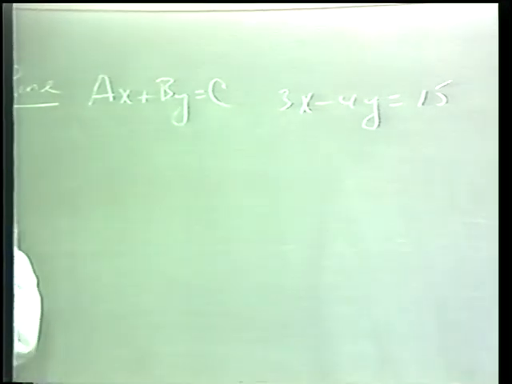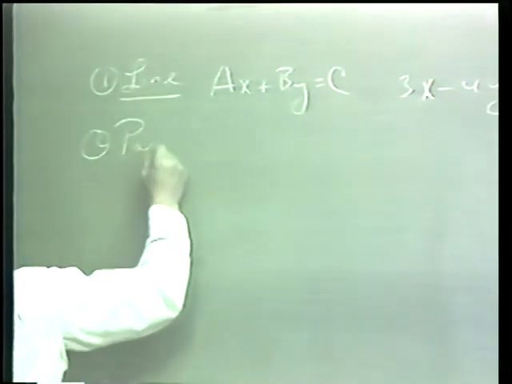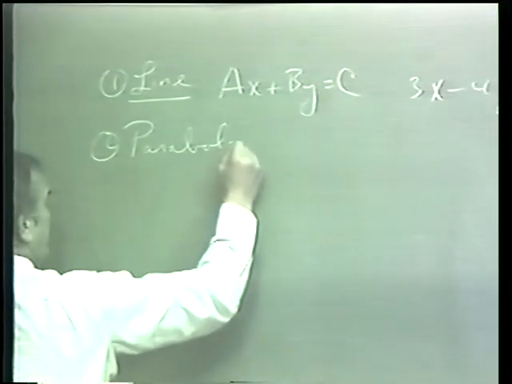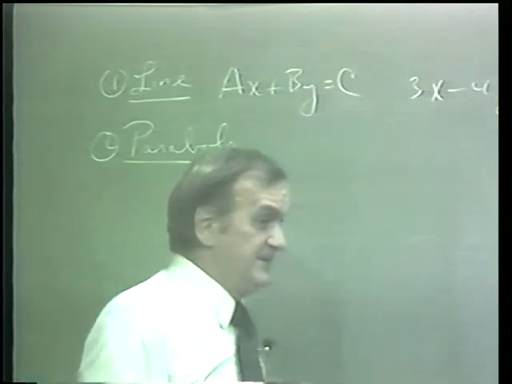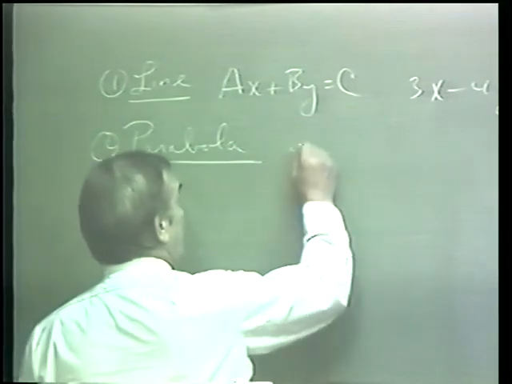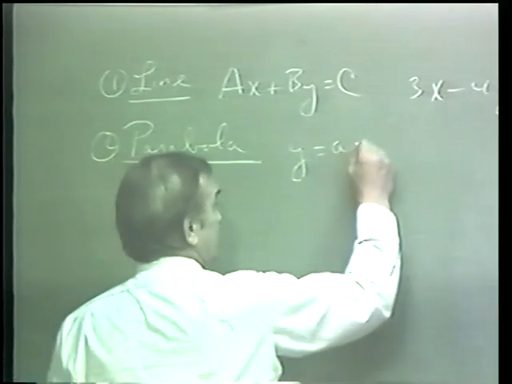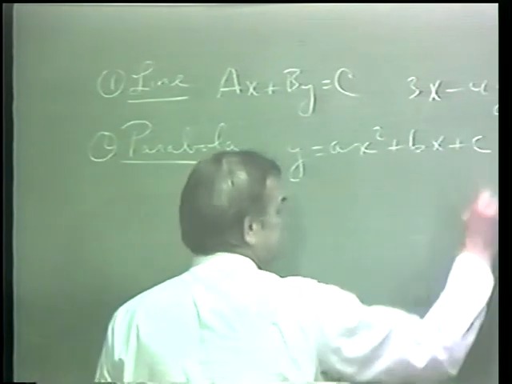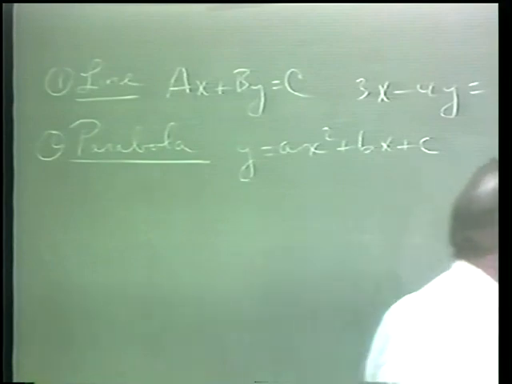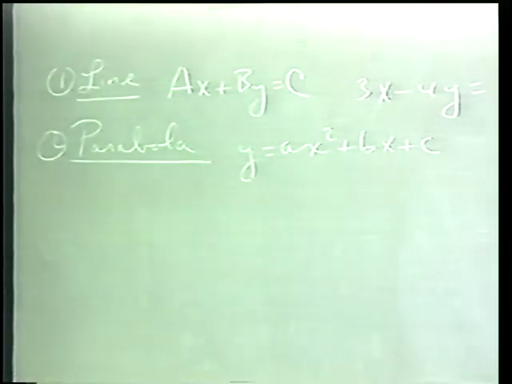The second geometric figure we talked about was a parabola. And the general form of a parabola was y equal, or f of x, ax squared plus bx plus c, where a is not 0. What we're saying here, in order to have a parabola, we have an x and a y.